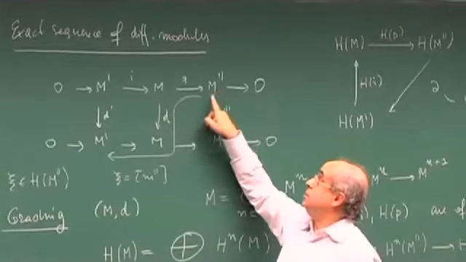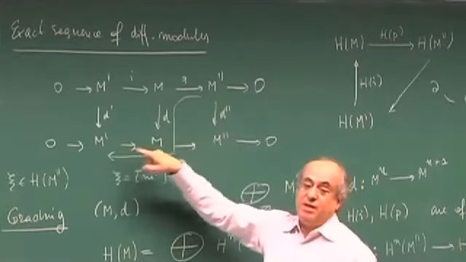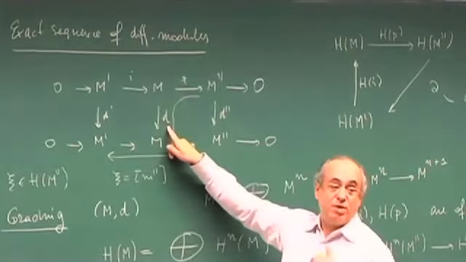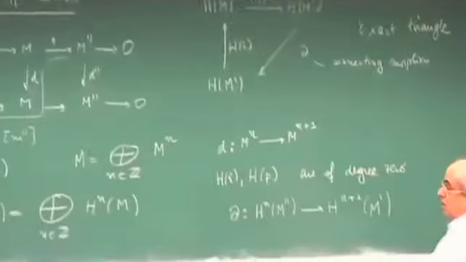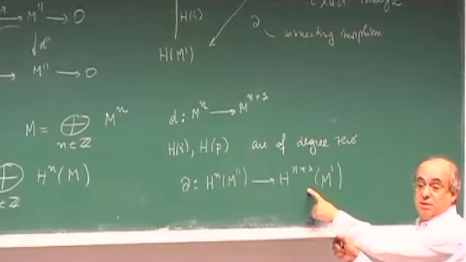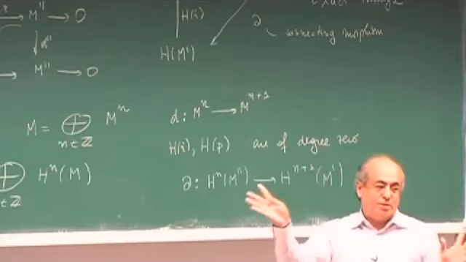You remember that the idea was to go this way. p and i have degree 0, so the degree doesn't change. But when you apply d, you increase the degree by 1. So for this reason, the connecting morphism is of degree 1. It behaves like this. The result is that the triangle, in some sense, opens.